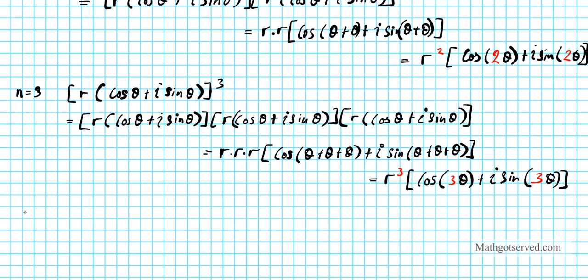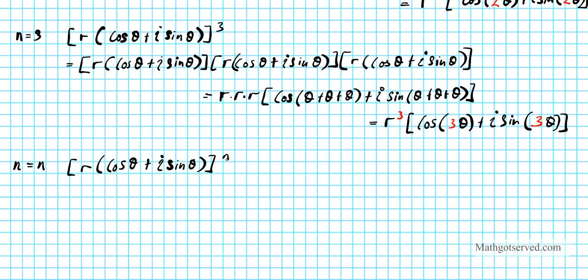So let's form a generalization here. What is it for n equals n? What is it going to look like? Well, we're going to have r cosine theta plus i sine theta raised to the nth power. Looking at the pattern, this n is going to be the power of r, and then we're going to multiply the angles by that same value.